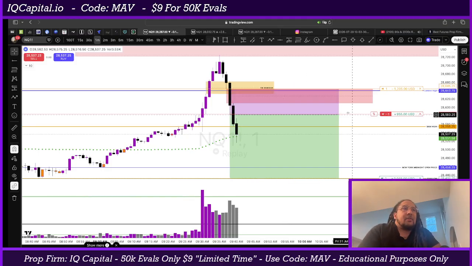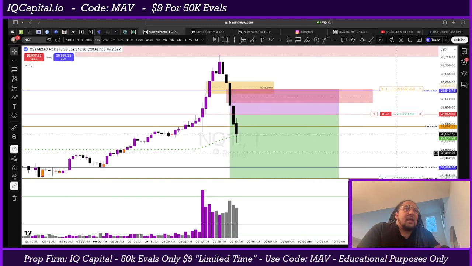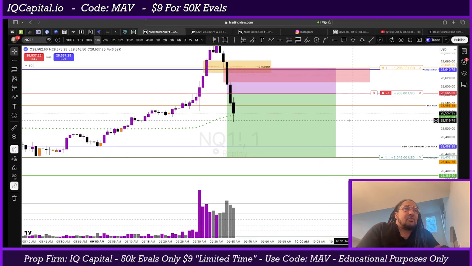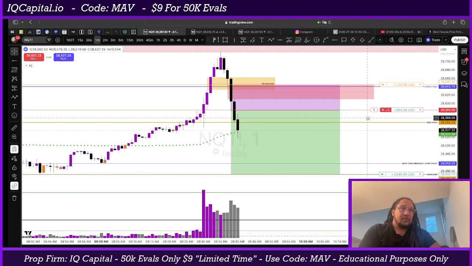So even though we didn't get the retest of this inversion fair value gap, we still got our entry, and we still got a pretty good position with our stop loss and take profit with a 2.5 RR. And now we're in the trade. Once it came back, and with these sell stops, let me say this. I like sell stops for one other good reason.